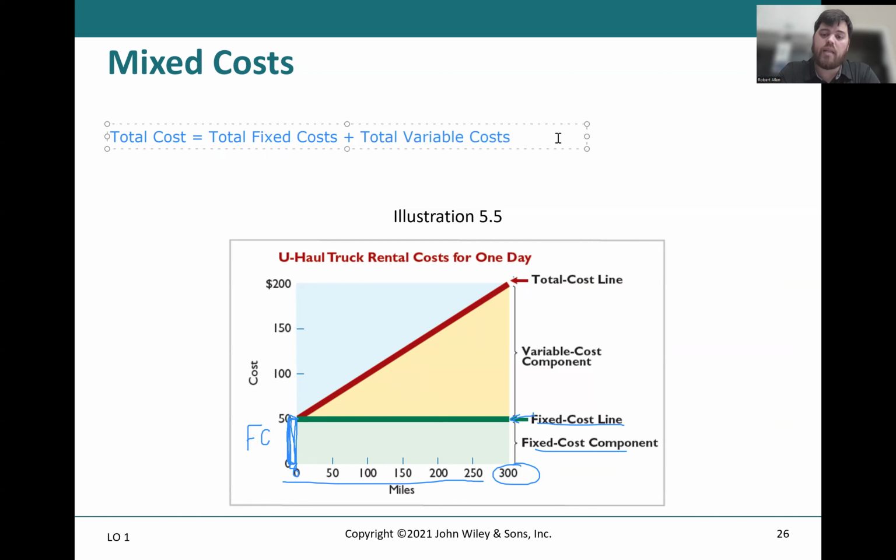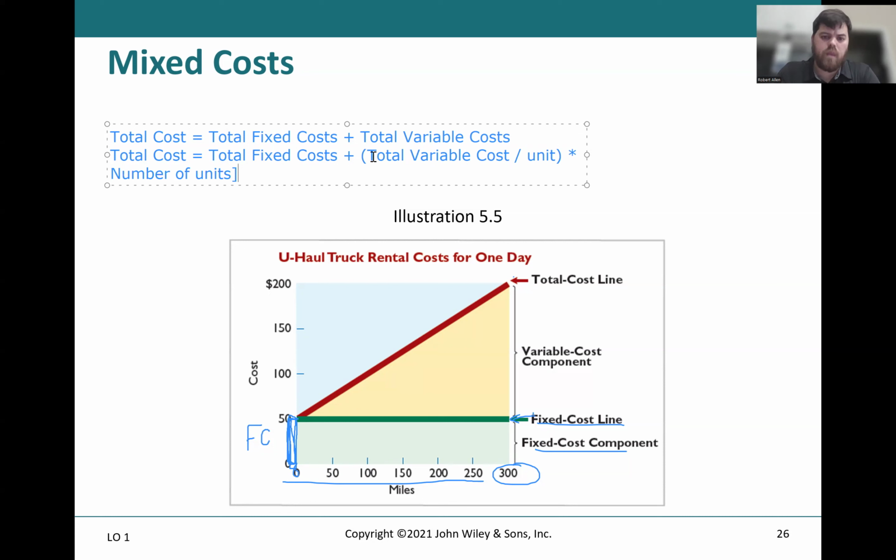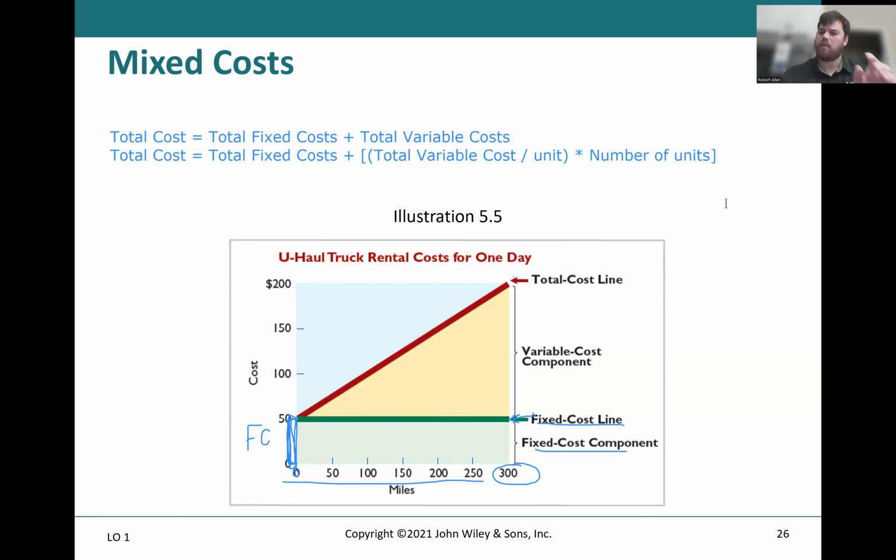And to do that, I'll remember that total cost can be rewritten as total fixed costs plus total variable cost per unit times number of units. And I'm using parentheses and brackets here, not because they're necessary. Order of operations would take care of this on its own, but I think it makes it a little bit easier for you to visually see the groupings. So hopefully it'll eliminate any potential confusion.